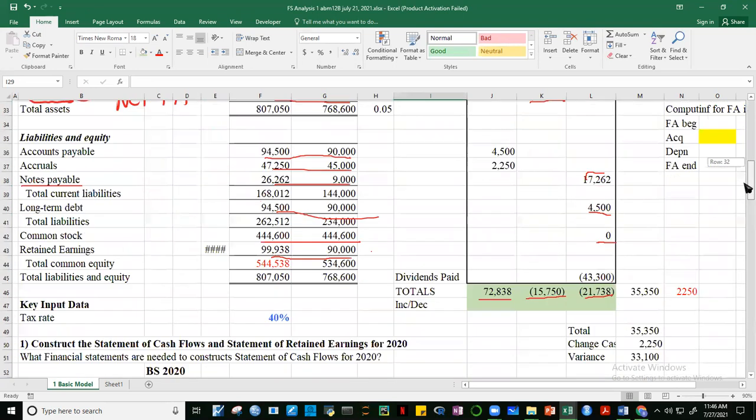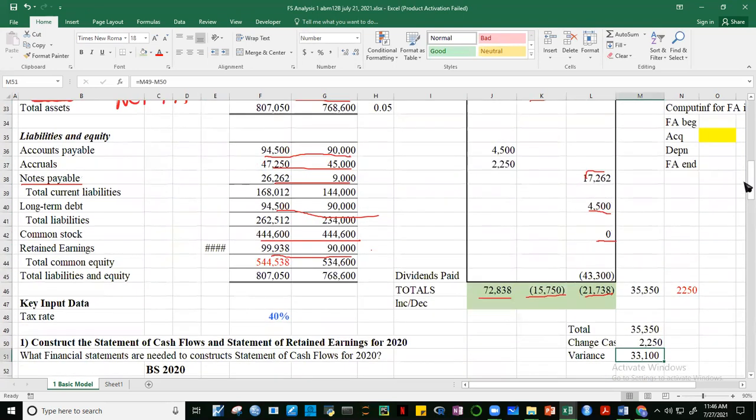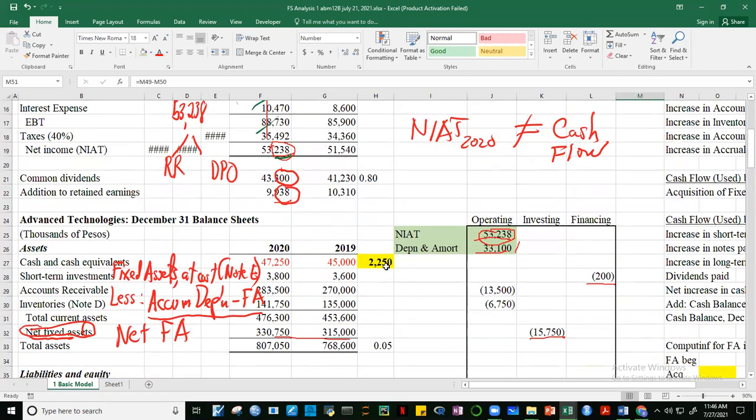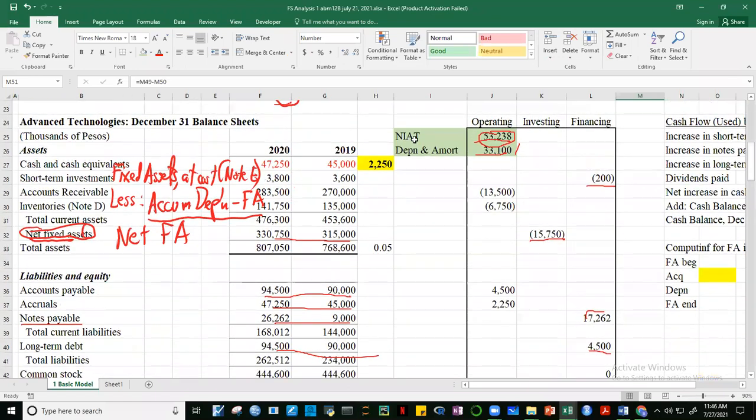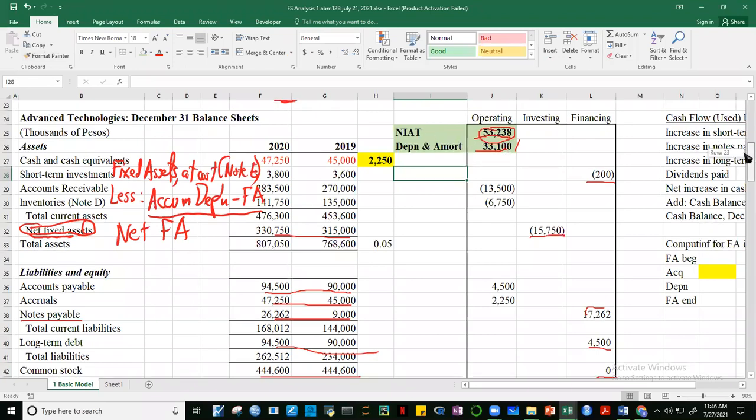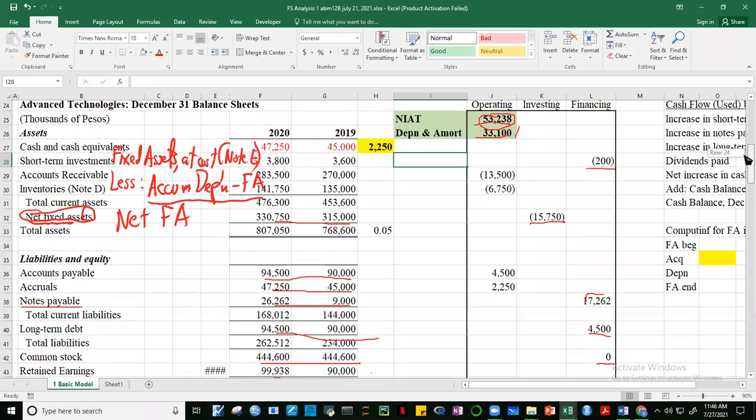So the error of 33,100 is not coming from here. Touch move, cast in stone. We can't go back to it because it's correct.